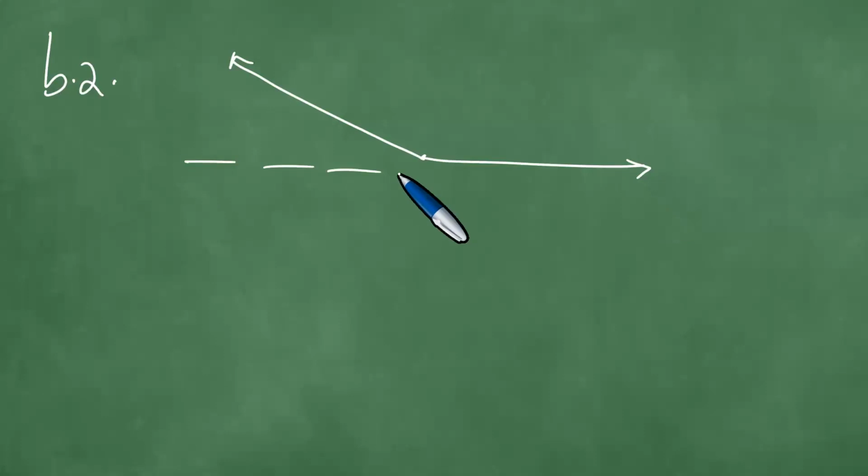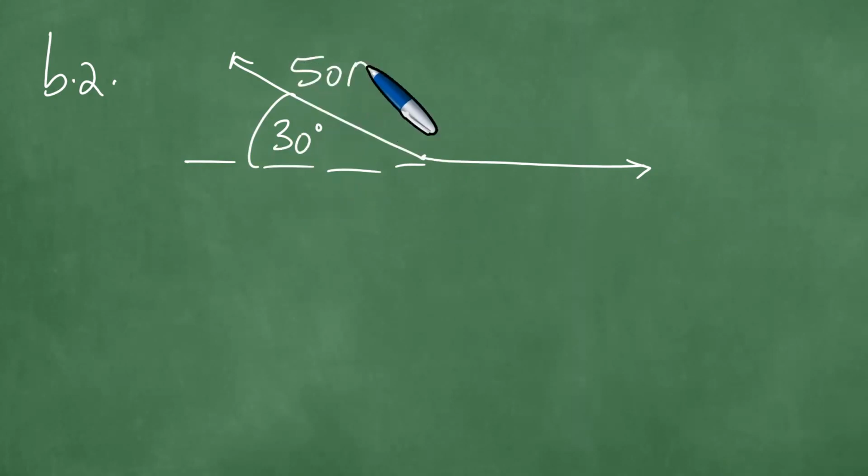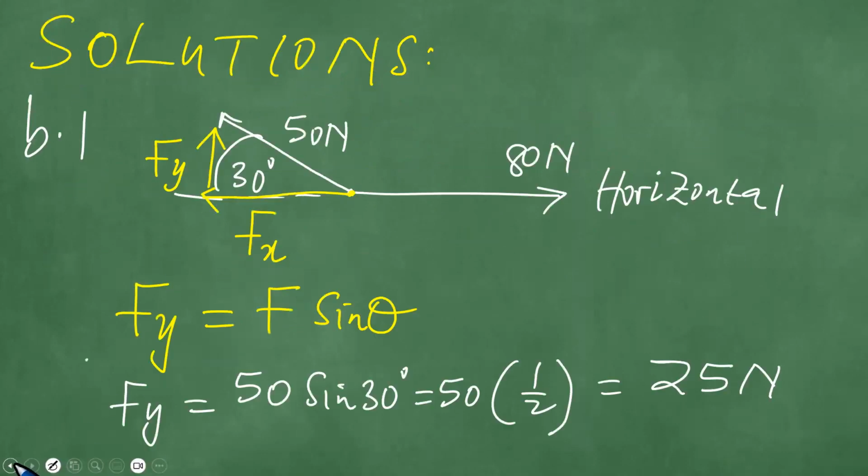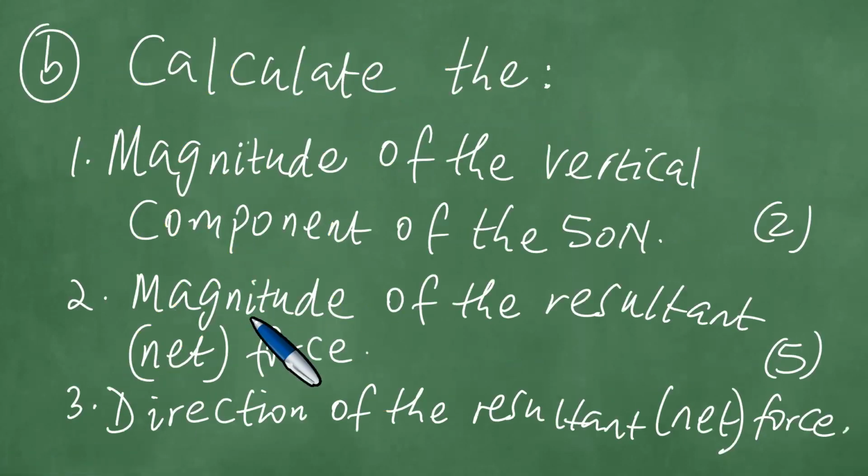And we have that this here is the angle of 30 degrees, 50 Newton force, 80 Newton force. We are interested now in finding the resultant vector, the magnitude of the resultant force, or net force.